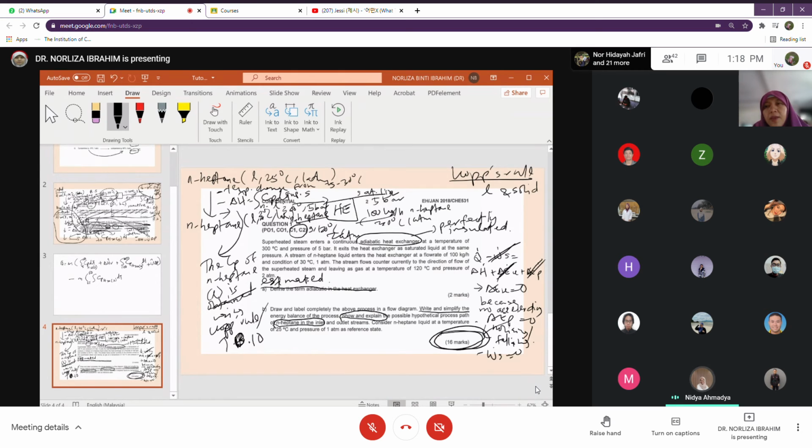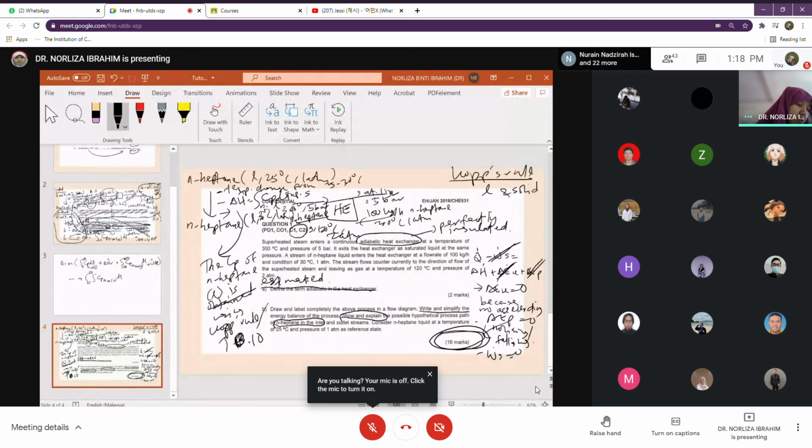Okay, thank you, Nidia, for highlighting that. So for the outlet, how many paths do you get? For N-heptane outlet. 4.